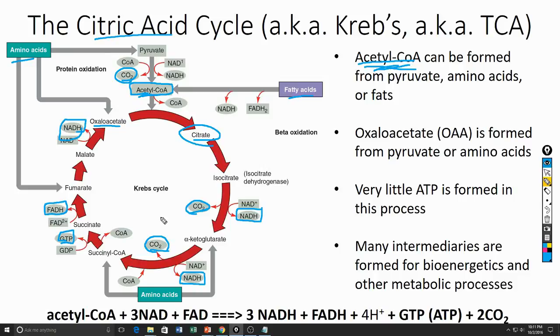So one FADH, 3 NADHs, some carbon dioxide, and an ATP. We have our net reaction down here, which I've written out: acetyl-CoA plus 3 NAD and 1 FAD. Those are the main things going into it. We need these in order for this process to occur. And we're going to get NADH, FADH, more hydrogens, ATP, and some CO2. That's about what we're getting from this.